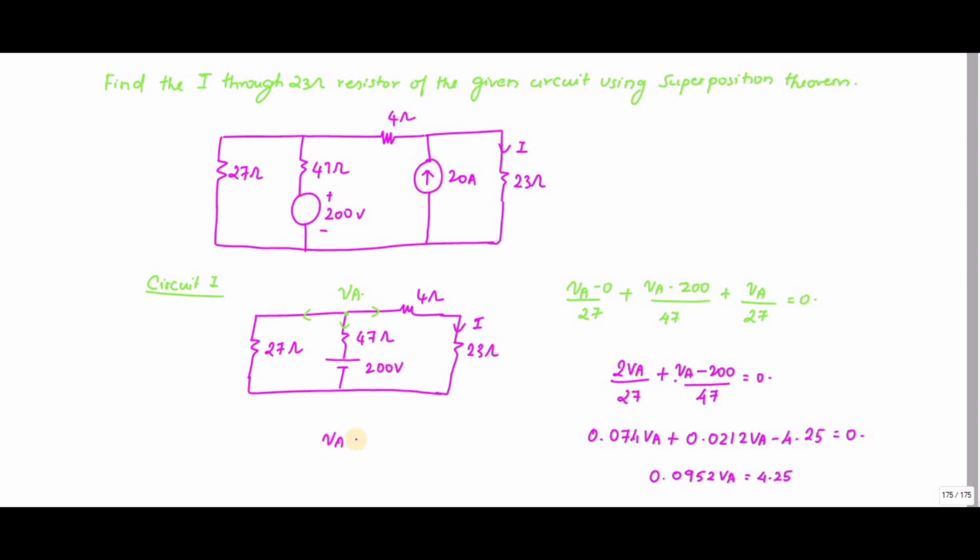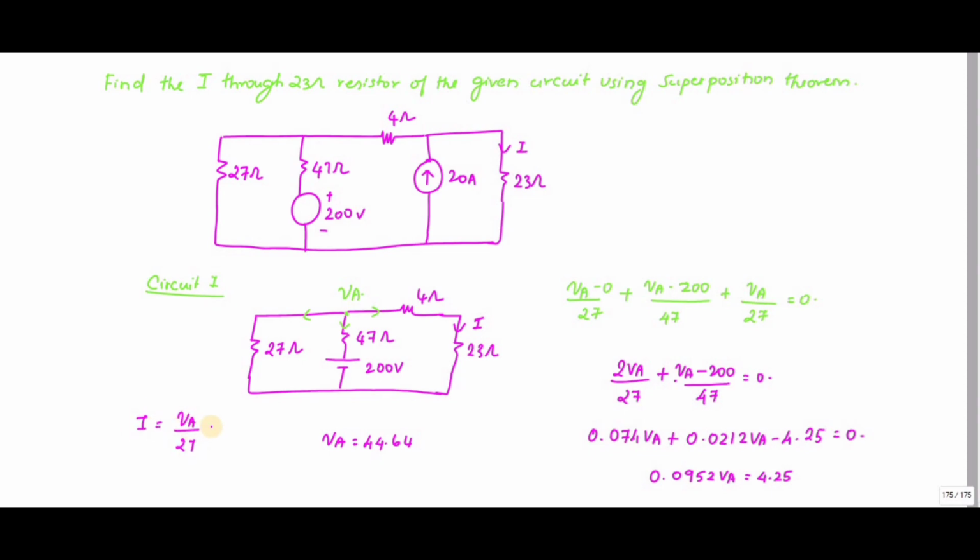So what is VA? VA is equal to 4.25 divided by 0.0952, so VA is equal to 44.64. To find the current, I is equal to VA divided by 27.